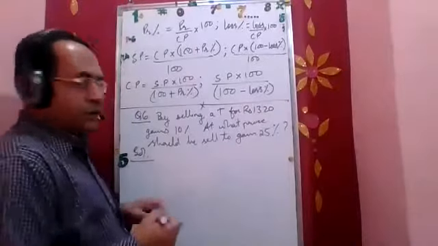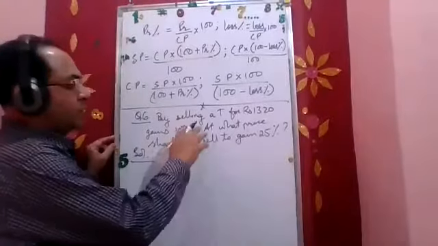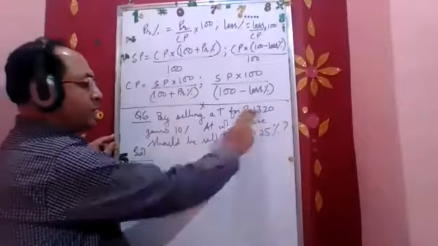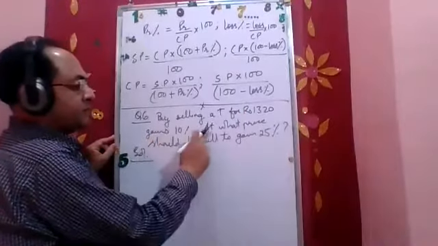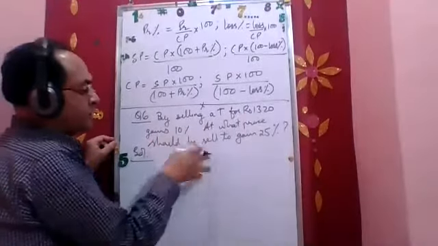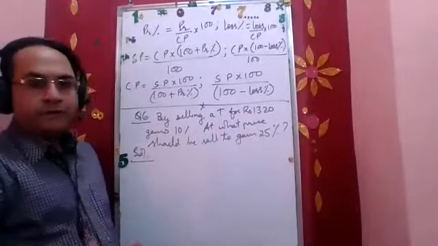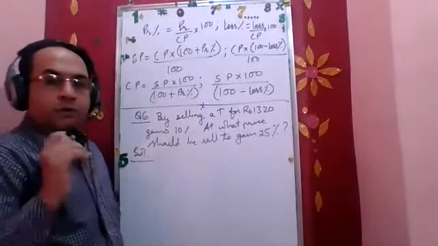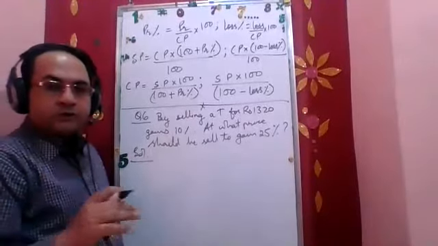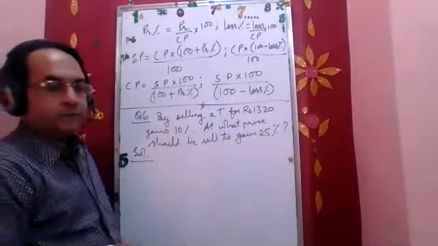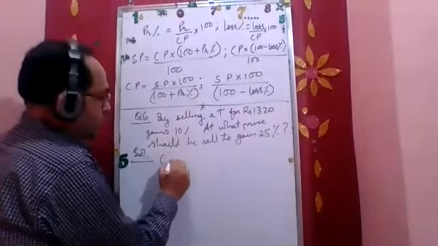Children, if you want to solve this, what you need to understand is selling price is 1320, gain is 10%. Now we are asking at what price should you sell it to gain 25%. Without the cost price, we will not be able to solve this sum completely, so we need to find out the cost price.